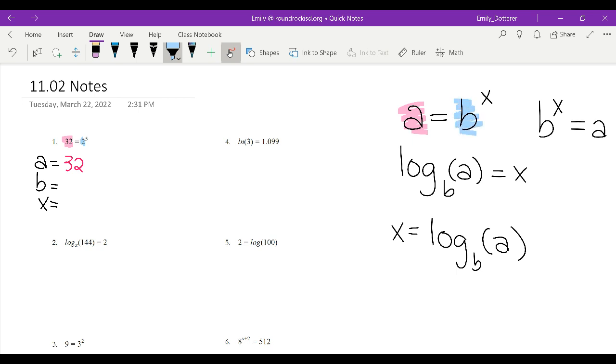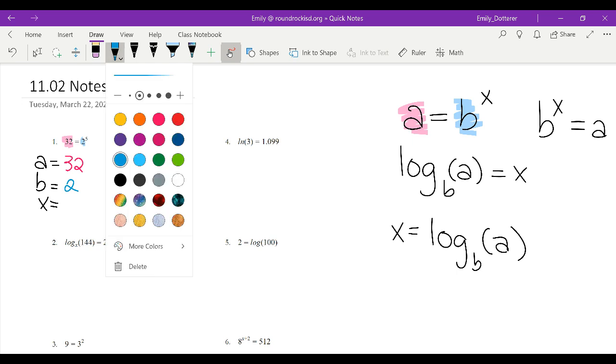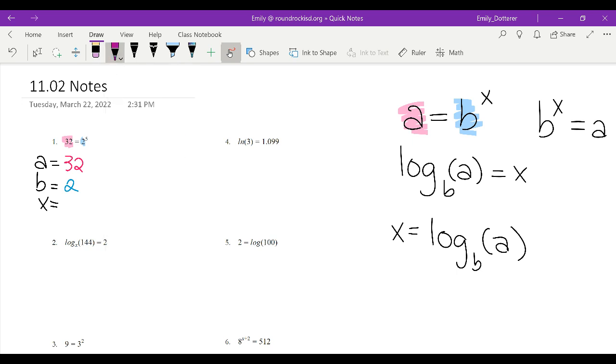So that's the thing that the exponent is being raised to, or that is being raised to the exponent. That's 2. And x is the exponent. So in this case, that is 5.